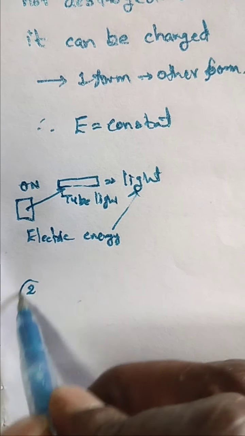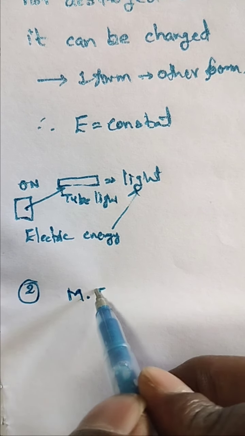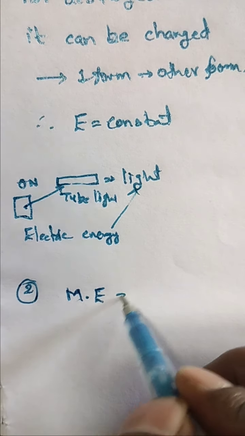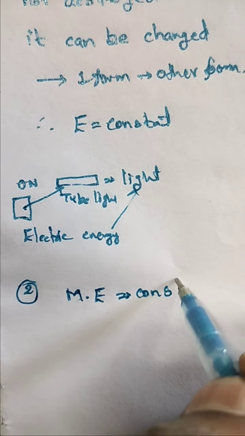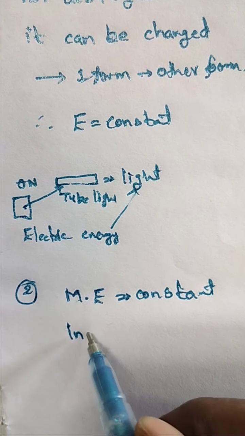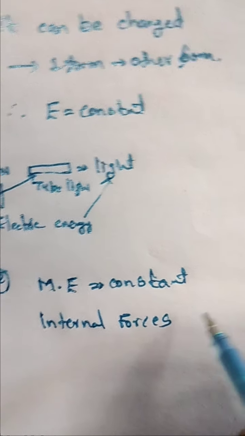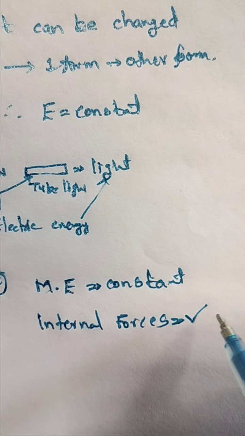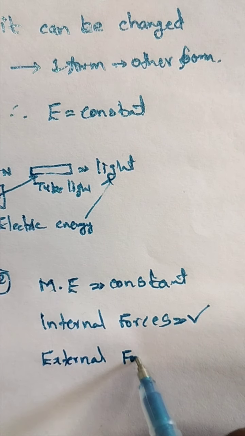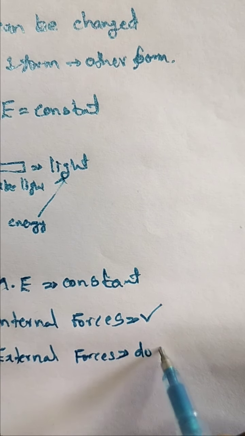And the second definition: the total mechanical energy of the system is constant. What is the condition here? The internal forces are conservative, and the external forces do no work.